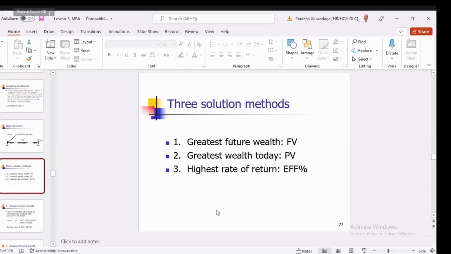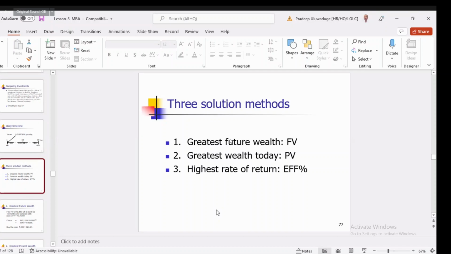Or else we can compare the effective rate, which gives us a higher rate, and then choose the higher rate. So these are the three ways that we can compare. Let's take the future value first.